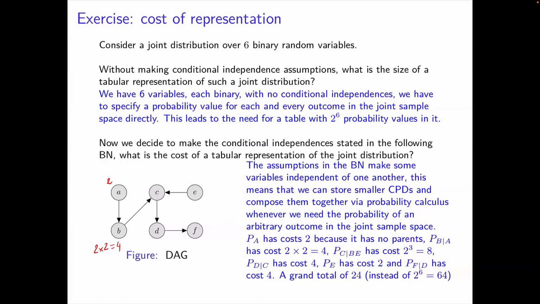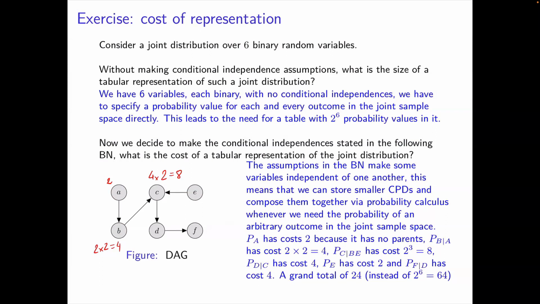And C has 2 binary parents. So the joint assignments of the parents are 4 possibilities. So we have 4 CPDs of the kind C given B and E. C is itself binary, so each CPD will need 2 probability values, 1 for each outcome. So we have 2 times 4, 8 probability values here.